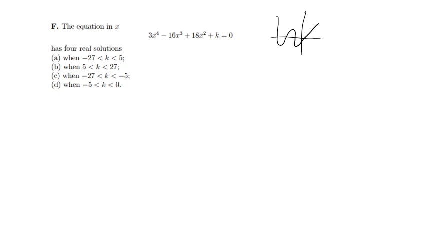We're going to start off by differentiating this. So we're going to get 12x cubed minus 48x squared plus 36x. And we're looking for the turning points, so we're going to put it equal to 0. We can then factorise this quite nicely. There's a 12x that we can pull out.